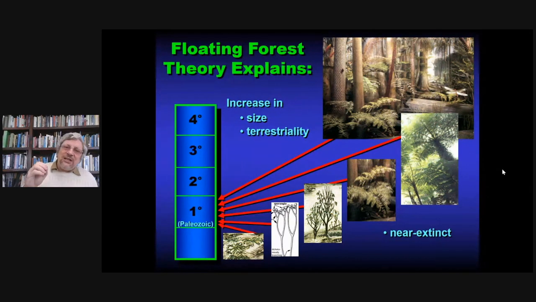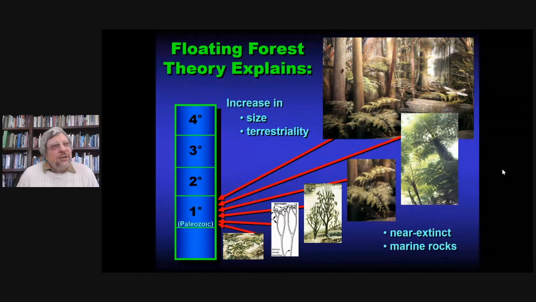And so I think the floating forest not only explains the fossil record of these plants, but also explains why it is the plants are largely extinct. Most of them are completely extinct, and other groups have only a few organisms left in the once large groups.